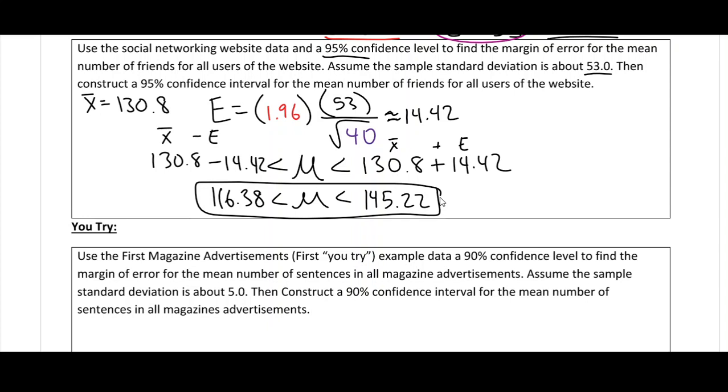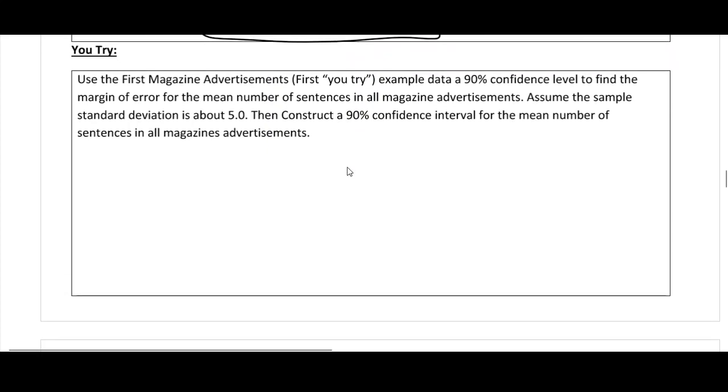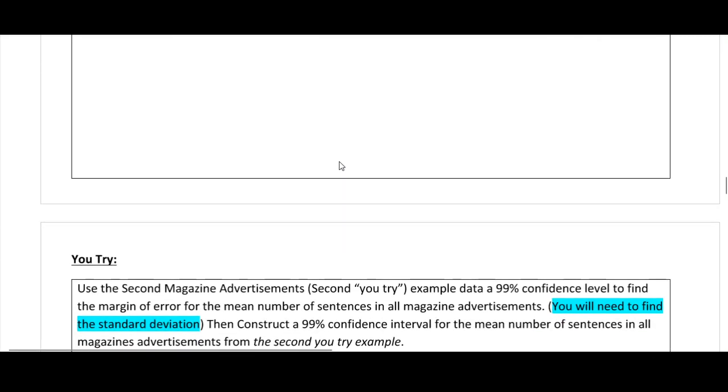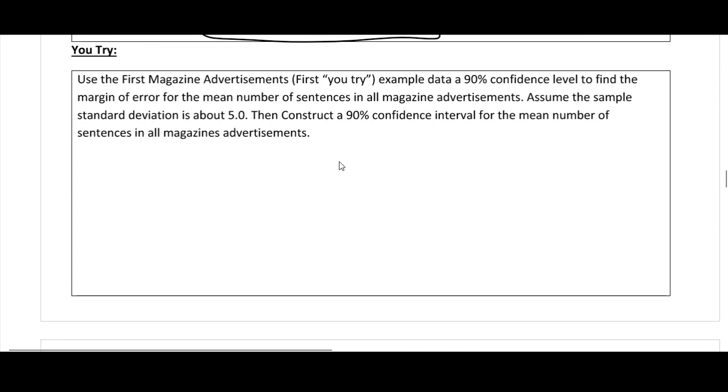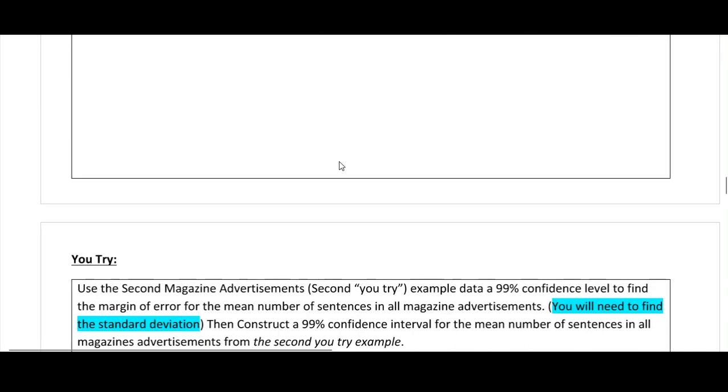Okay? I'm going to go ahead and have you guys try this example right here. I will put it up onto Canvas as well for you to type in your value. You're not going to submit your notes just yet after this video ends. I'm going to end this right here after you try this example and this example as well.